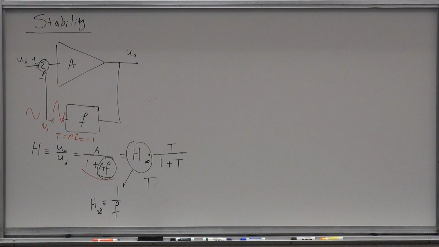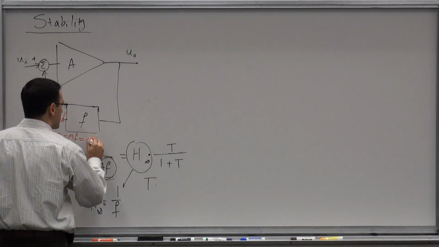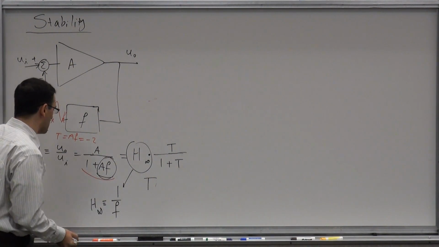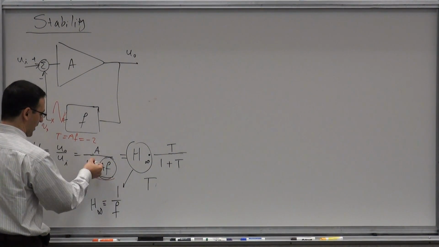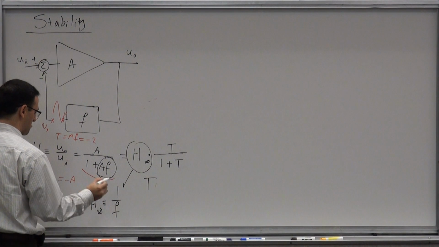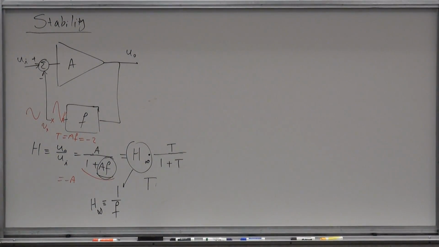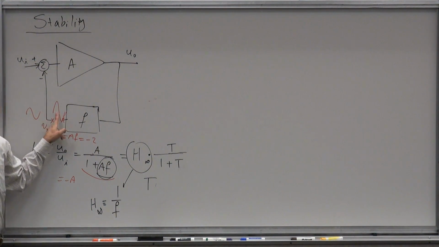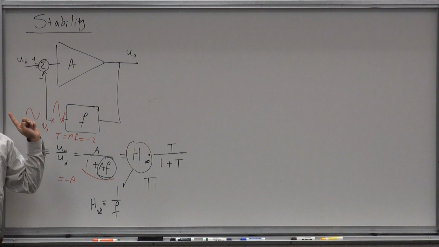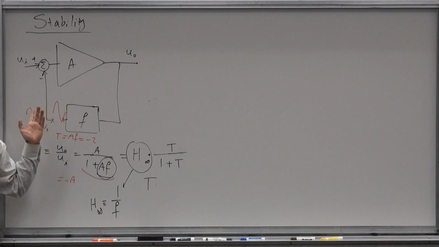AF is minus 2. Now if I put minus 2 in this equation, the transfer function goes A over minus 1, it goes minus A. This doesn't show that something strange is happening. And the second case may or may not correspond to something bad happening. It's not necessarily something bad happening, and we'll see examples where it doesn't.